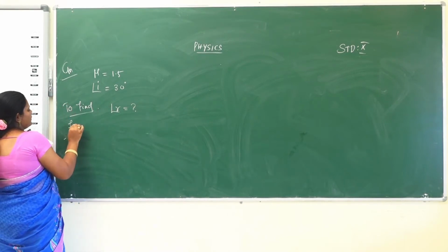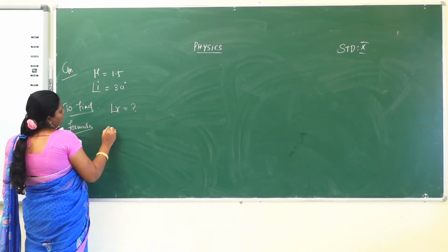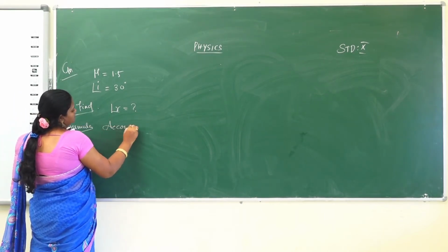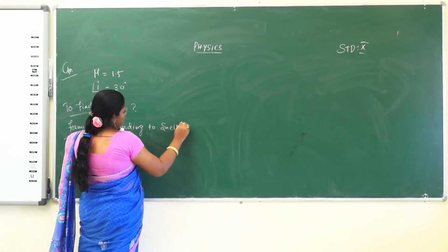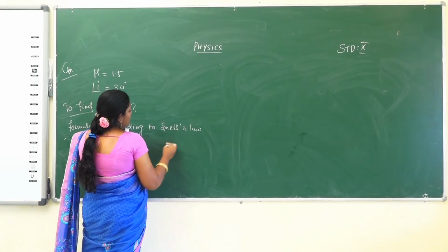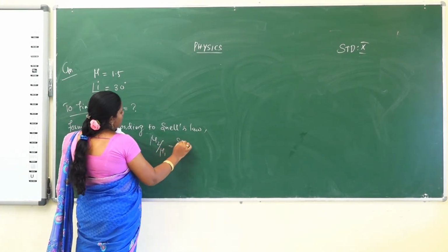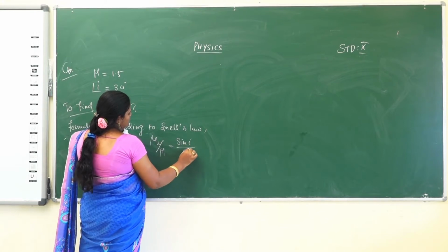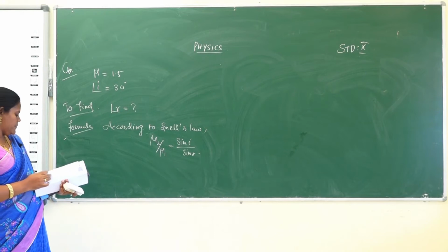Okay, so what's the formula? Snell's law. According to Snell's law, mu2 by mu1 is equal to sin i by sin r.